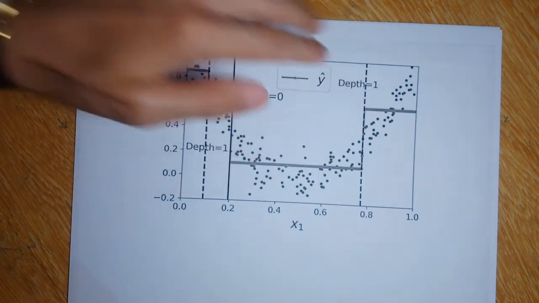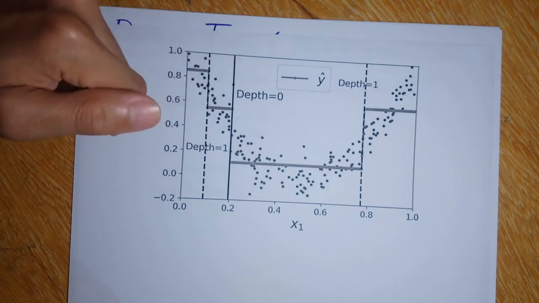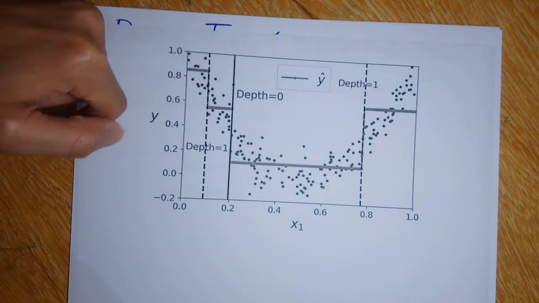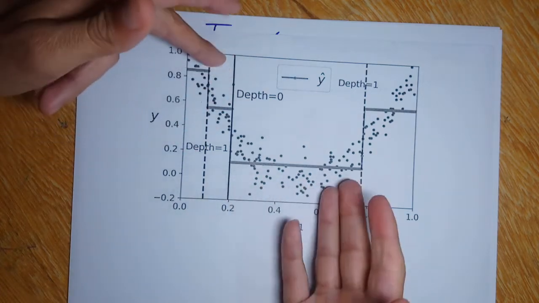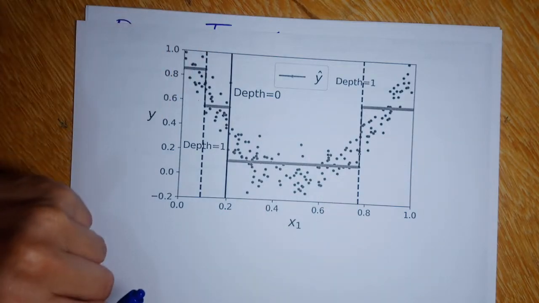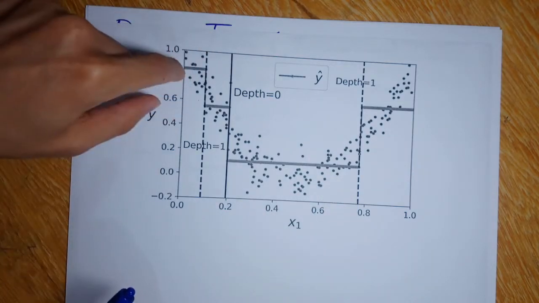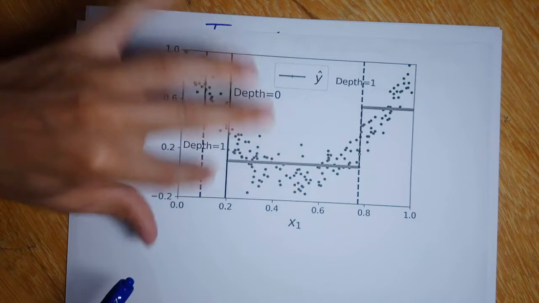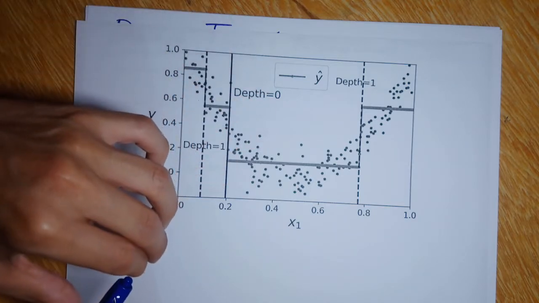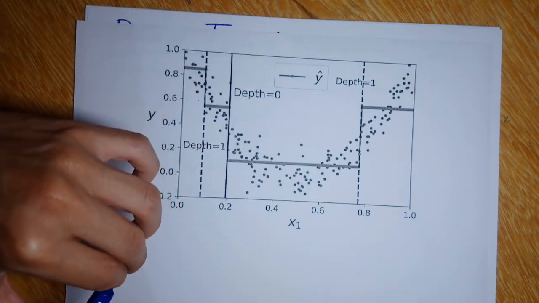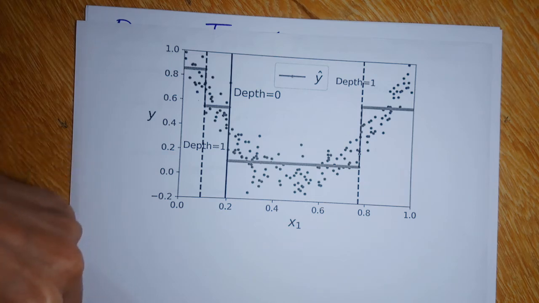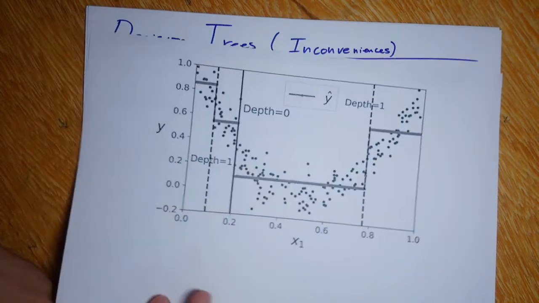In other words, I cannot predict continuous values using this model. Of course, I can increase the resolution of this model by increasing the number of possible outcomes, but I will never be able to predict continuous values. And this is one of the inconveniences of decision trees.